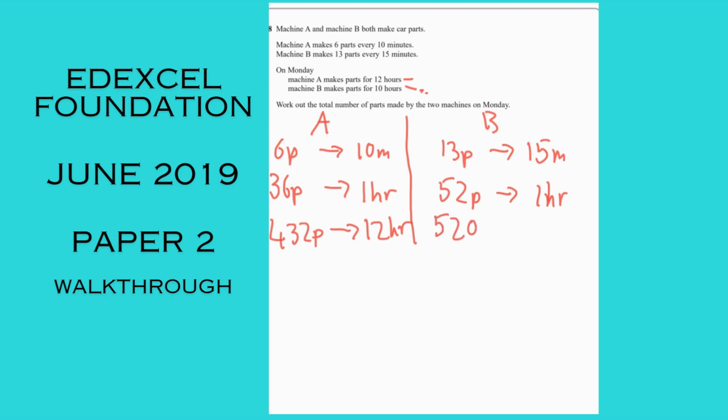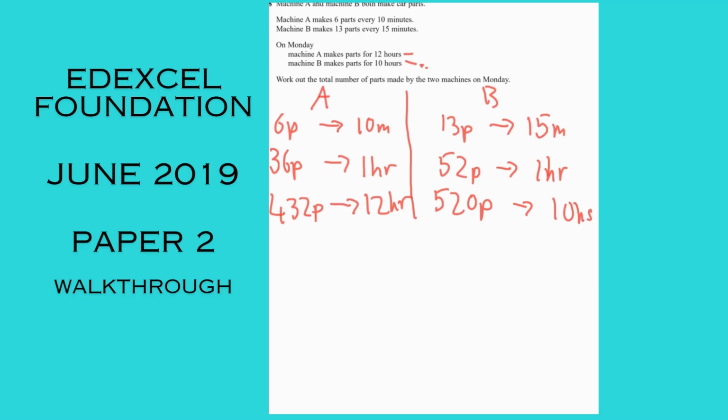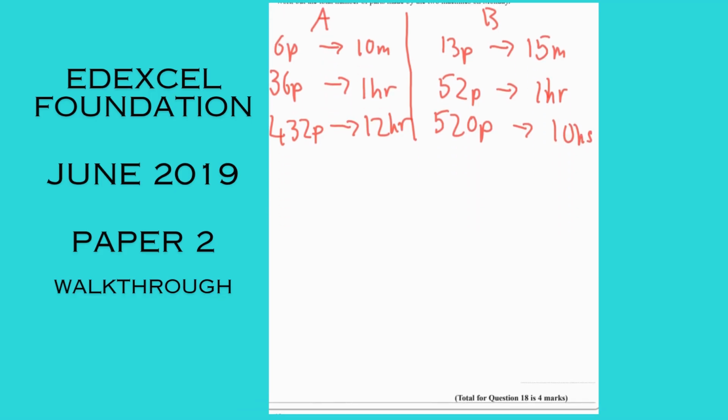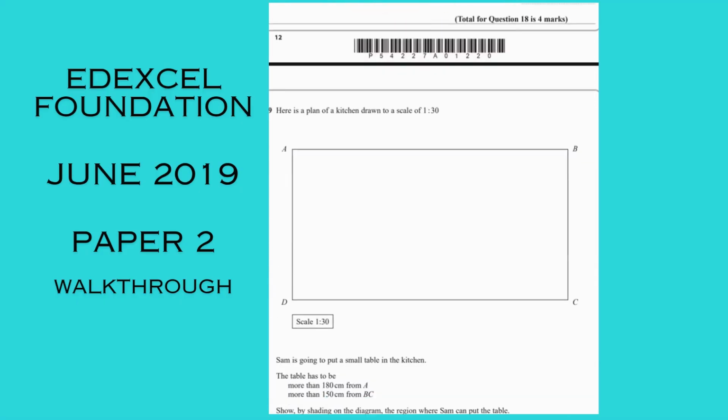So it will do 520 parts in the 10 hours it's on the go for. Take these two answers. It asks for the total number of parts. Add them together for 952 parts in the times they are working on the Monday.